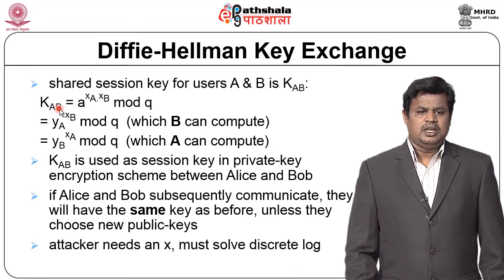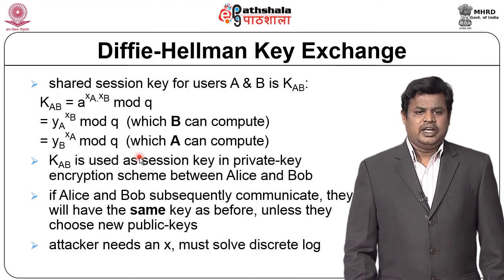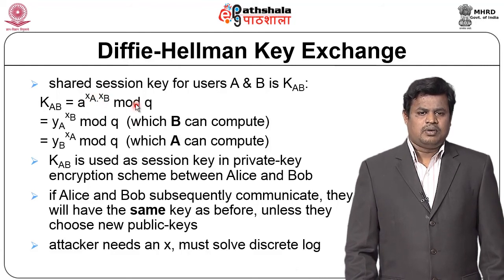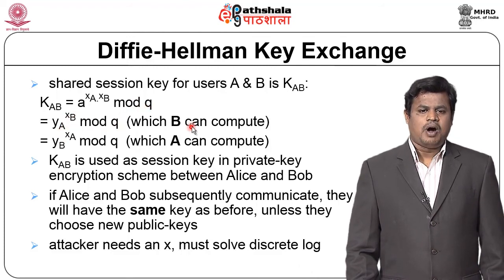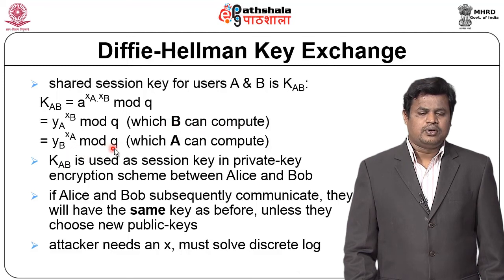So KAB is equal to a power xa xb mod q. Now, ya power xb mod q, which user Bob can compute. Similarly, yb power xa mod q, which Alice can compute.